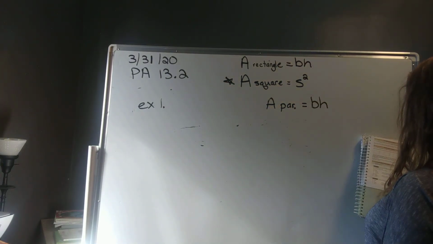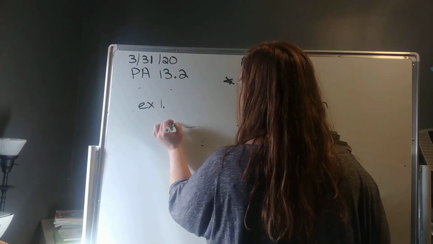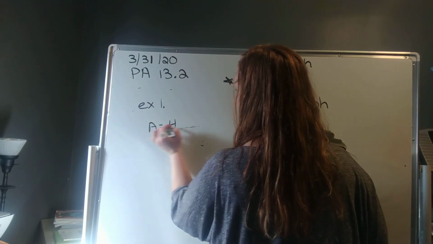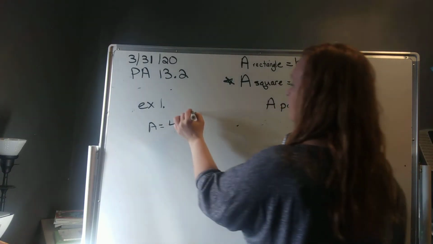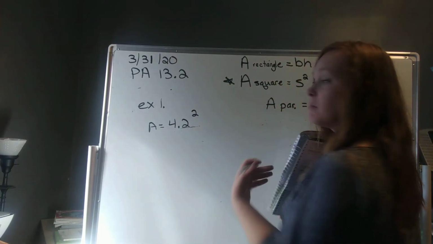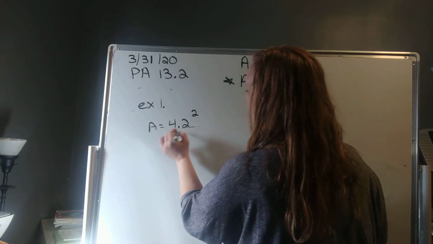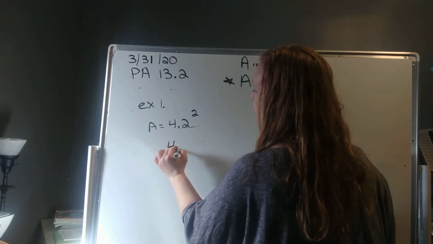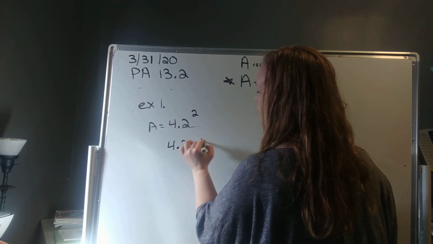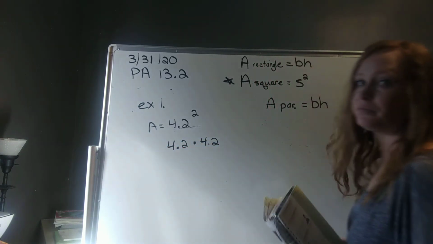That's 4.2 centimeters. So I'm going to take my area equals 4.2, and what do I do to that side? I square it. Okay? So what is the problem I'm putting in my calculator? Well, I can either put 4.2 squared or 4.2 times 4.2.